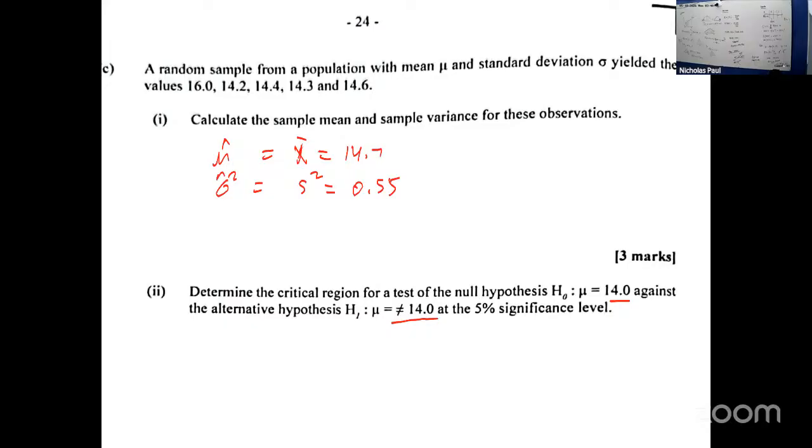Sorry, I made a mistake here. Remember, this is n over n minus 1 times s squared, right? 1, 2, 3, 4, 5 values.